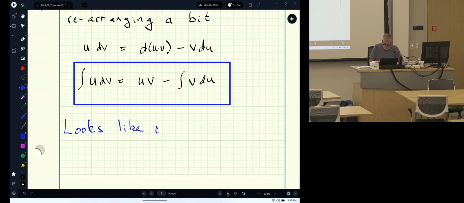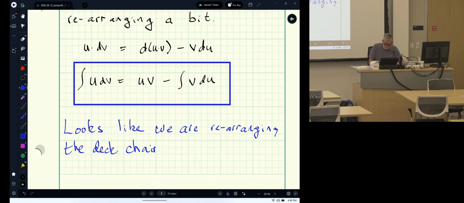So it looks like we are just rearranging the deck chairs on the Titanic, okay? Right, because it says we've got one integral.